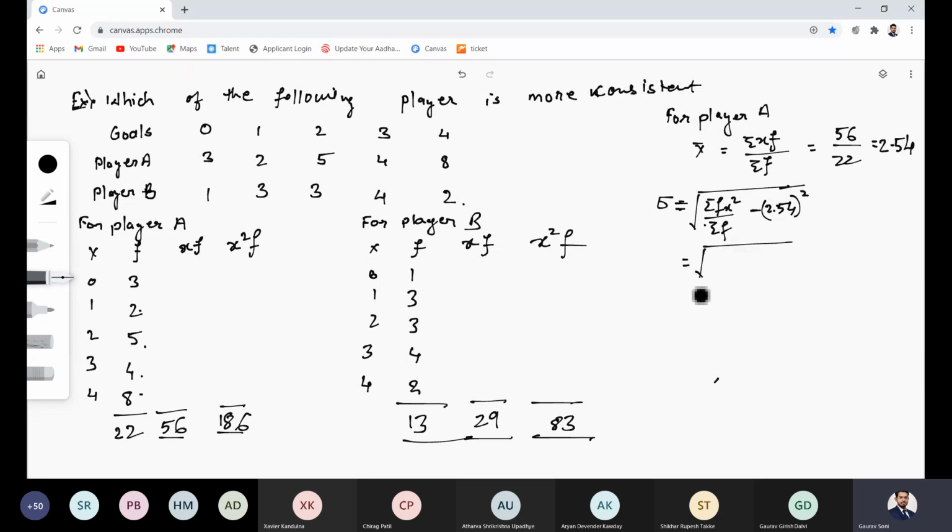So this is under root 186 upon 22 minus 2.54 square. So sigma is 1.41.